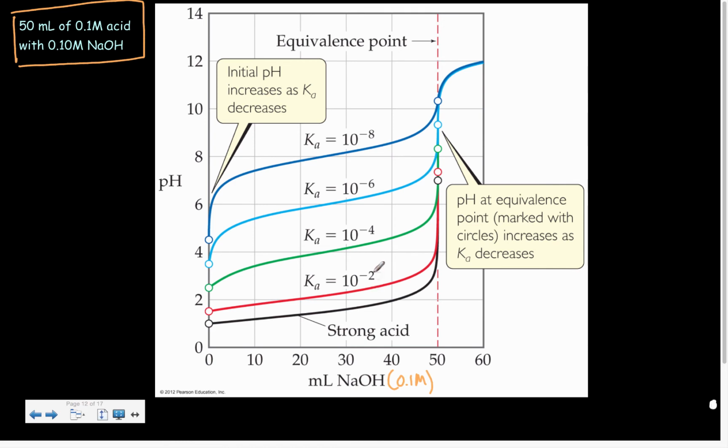Note that when I take 0.1 molar acid and 0.1 molar base, regardless of the strength of that acid, all of them have the same volume for the equivalence point, yes? Because these concentrations are what determine the number of moles present, and the number of moles are what's determining how many mils of my titrant have to be added, yes? All right, so then we have our titrant, and those all happen here.